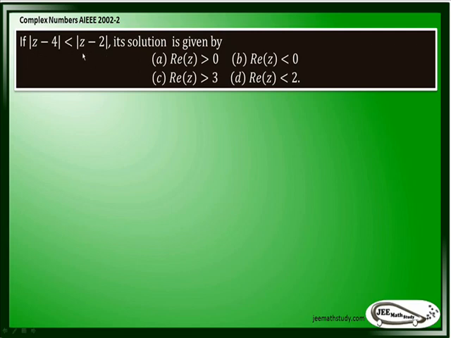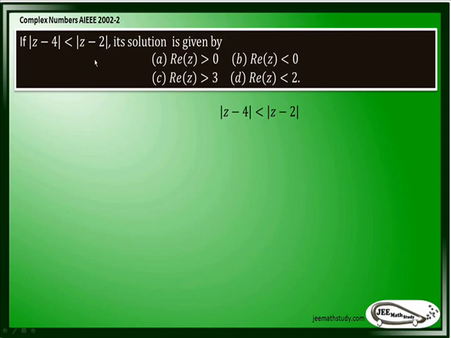From this inequality, we need to find the range of real part of z. As you can see, nothing is given apart from this inequality, hence we will start with it.